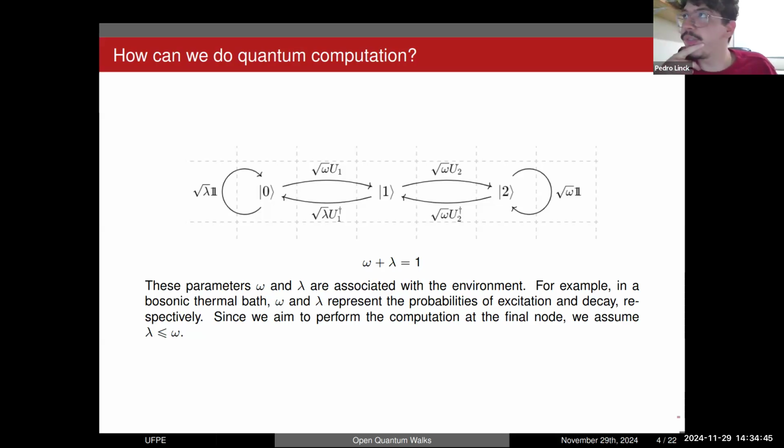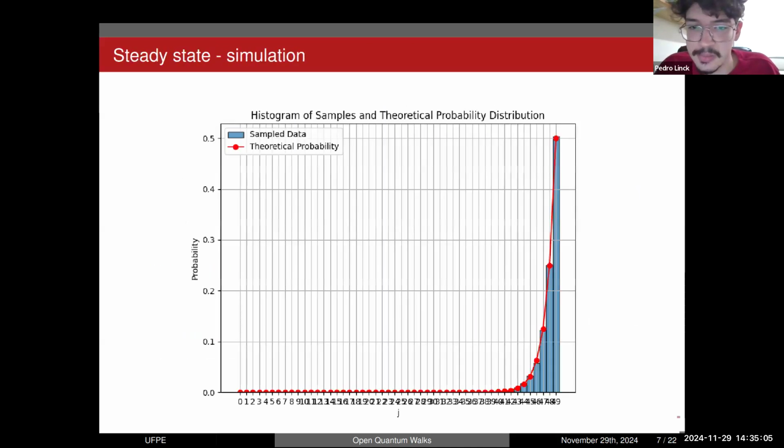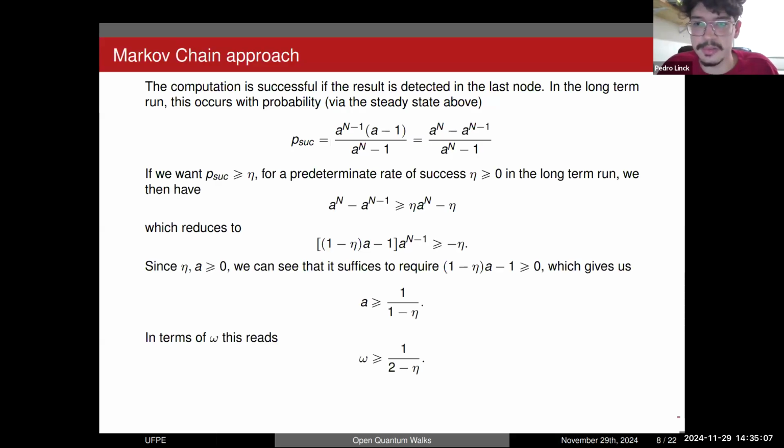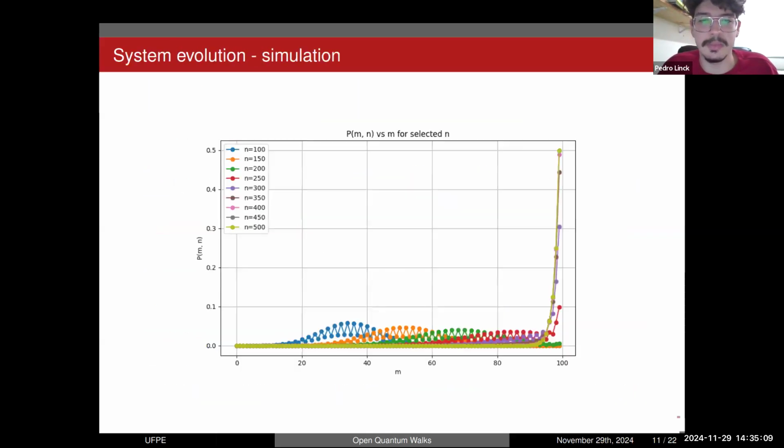So if the state of the walker was 2, we would have to go to a space with dimension 12, which is very high. We are going to see here that we don't have to do this. We can use way less memory for this procedure.